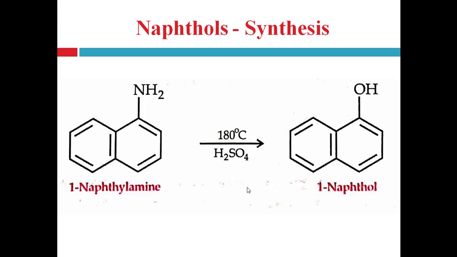Next, synthesis is from 1-naphthylamine, right? 1-naphthol can be prepared by hydrolysis of 1-naphthylamine, right, with sulfuric acid at 180 degrees Celsius temperature, and it will produce 1-naphthol.